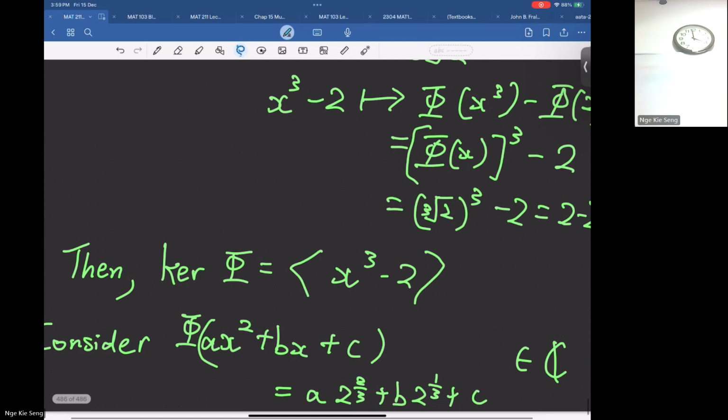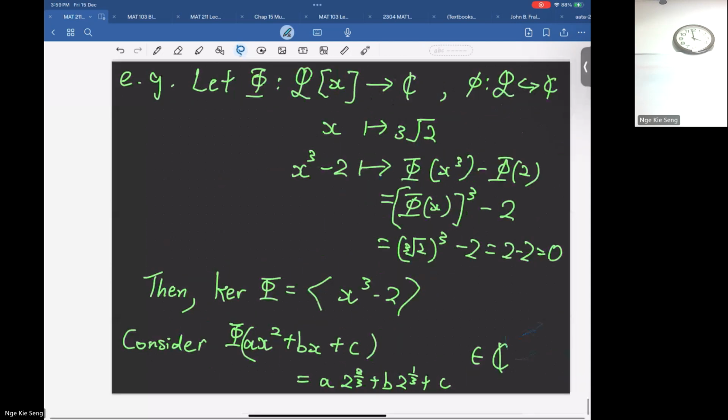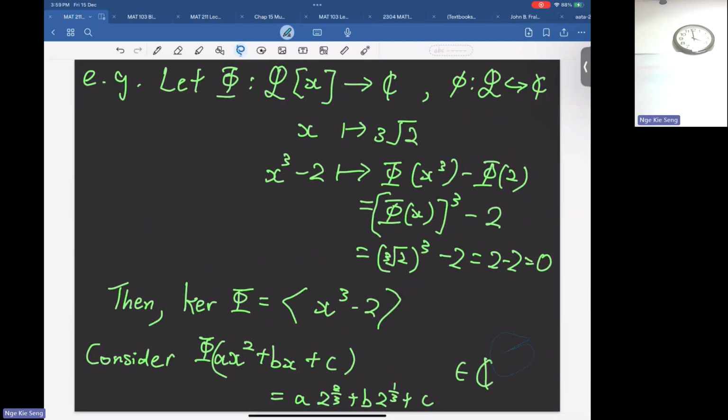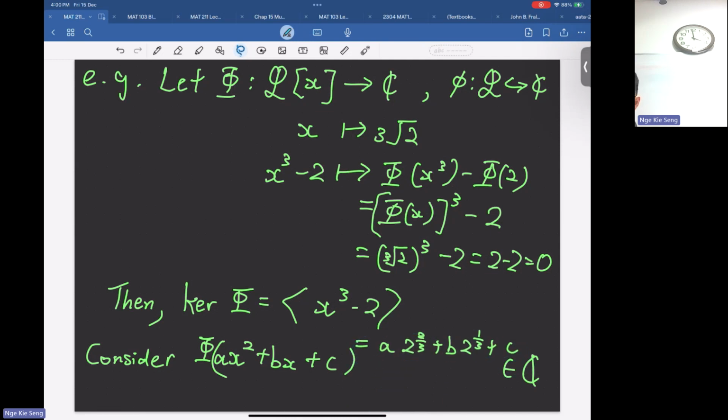Where should these coefficients of the polynomial lie? These numbers should be rational, right? Where a, b, c are rational.